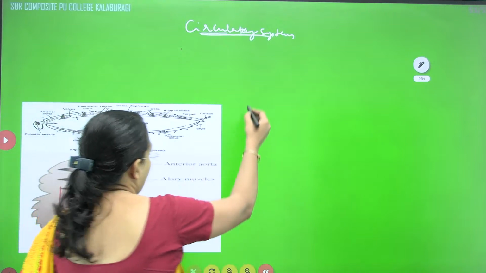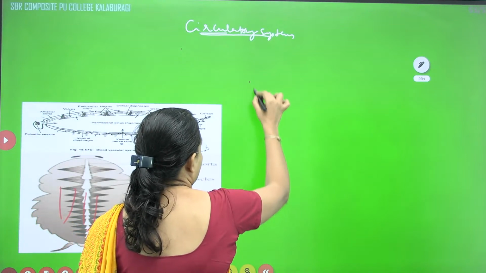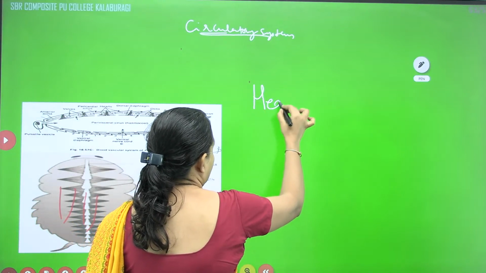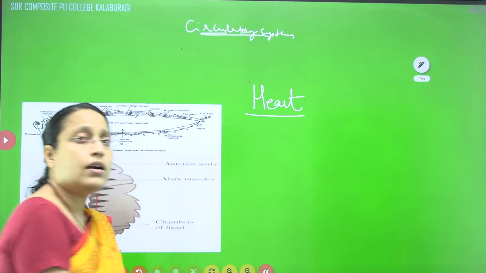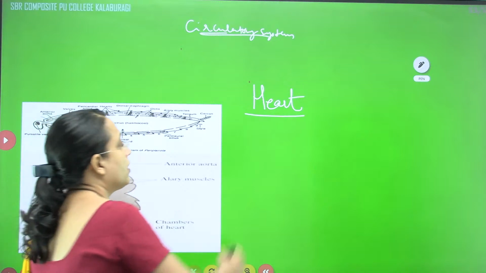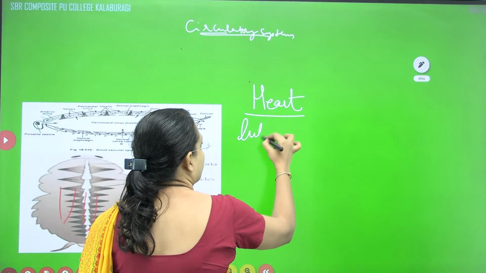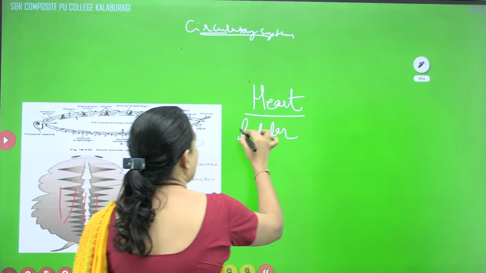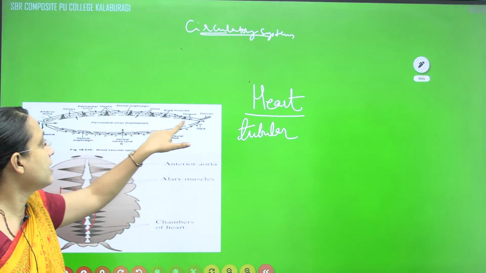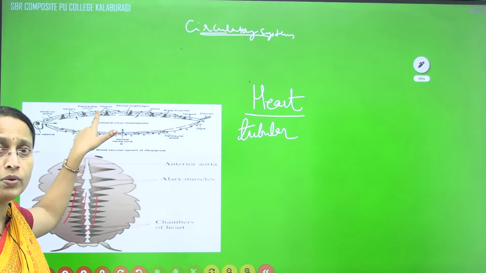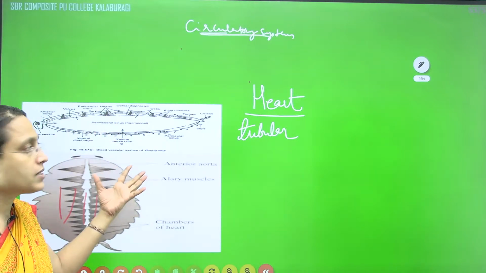Next is the heart of cockroach. The heart of the cockroach is tubular. That means it runs from anterior to posterior direction in the form of a tube that has many chambers.